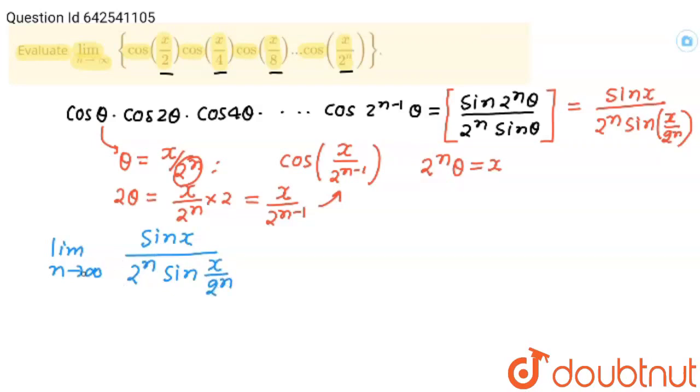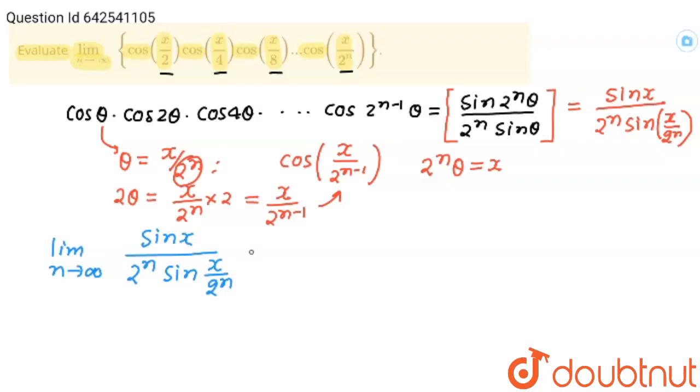See, here the limit is only defined for n. So we do not need to see x as a problem in the question. The only problem in the question is this degree n.